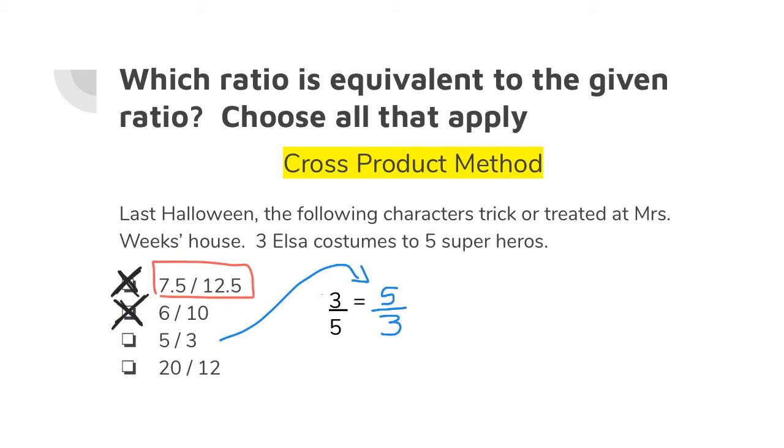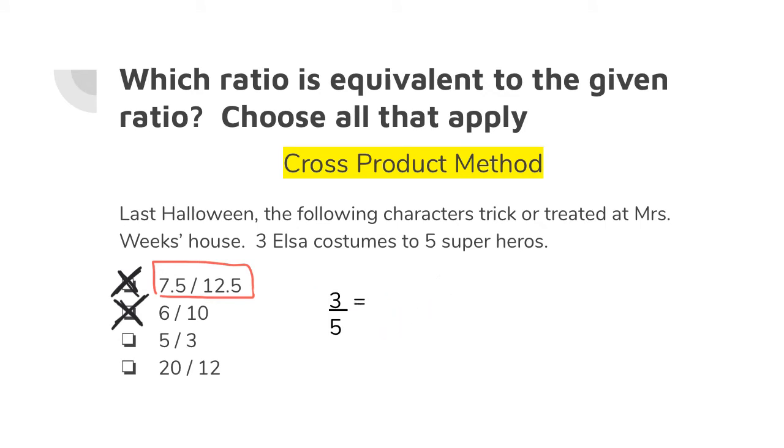Well, I already know that's not going to work because I have a little number on top and the big number on the bottom. Can't be the same as the big on top and little on the bottom. But that's okay. We'll go ahead and do our cross product. This one, 3 times 3 is 9. This one, 5 times 5 is 25. That doesn't work. That is not equivalent, so I am not going to mark that one.